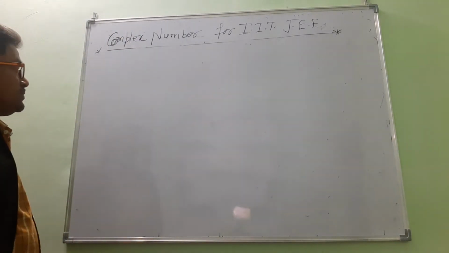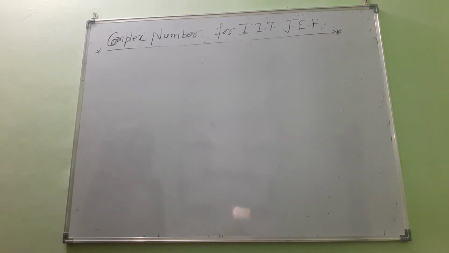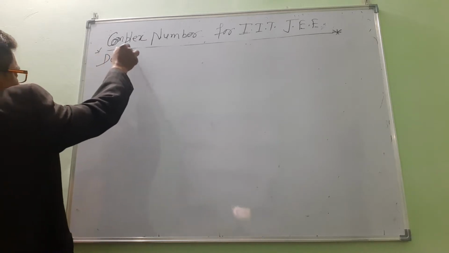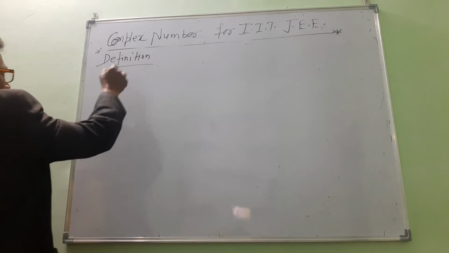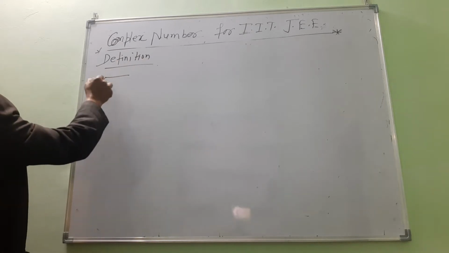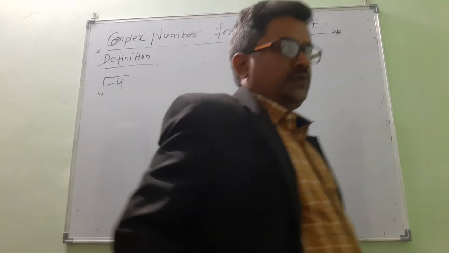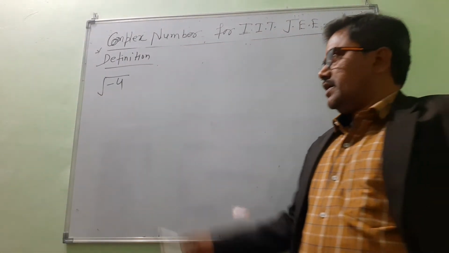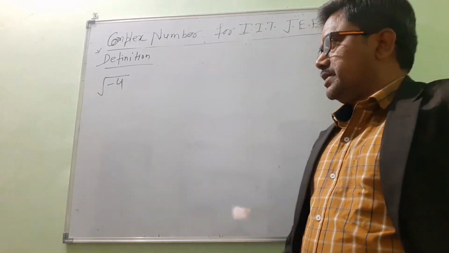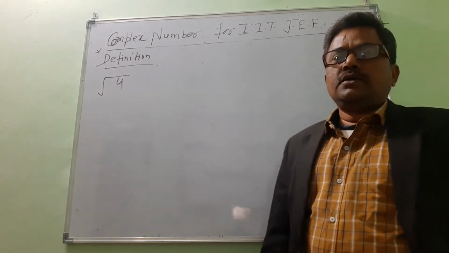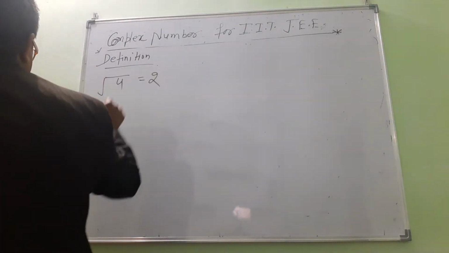Complex number for IIT JEE. First of all, we go to the definition. What is complex number? If I ask you what is the value of under root 4, you will answer very quickly, it is 2.